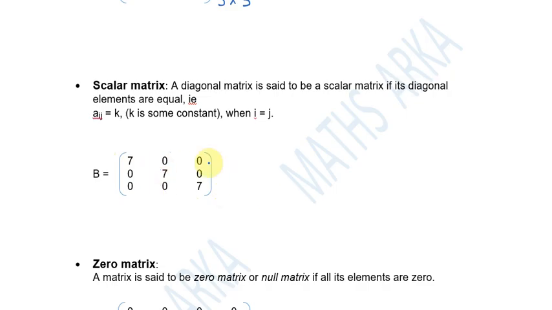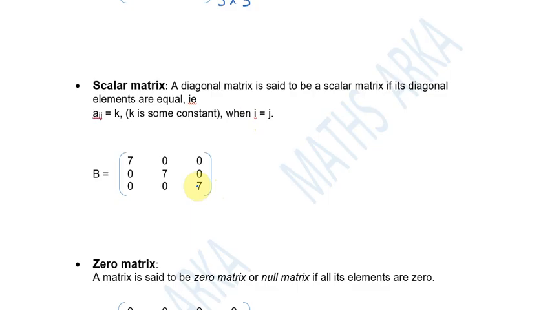If we talk about the notation, the elements aij are equal to k, which is some constant. It could be a real number or maybe an imaginary number, and aij is equal to k when i is equal to j. i equal to j is only possible in the diagonal elements.